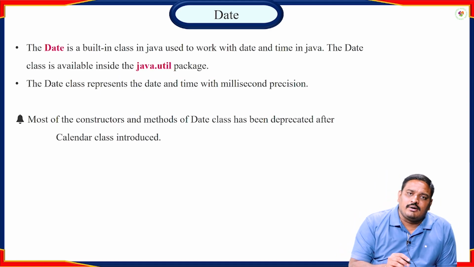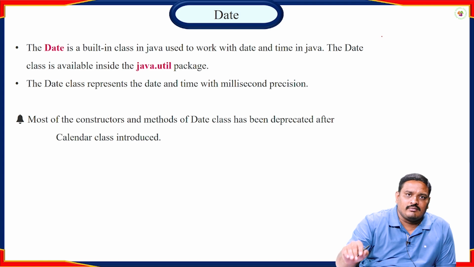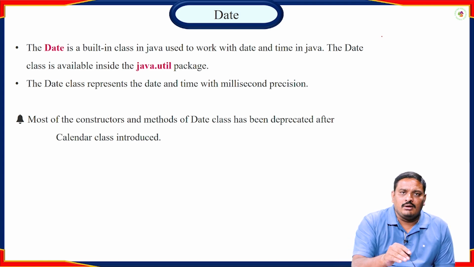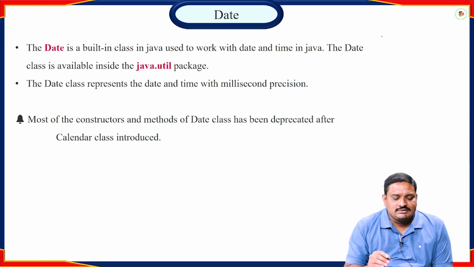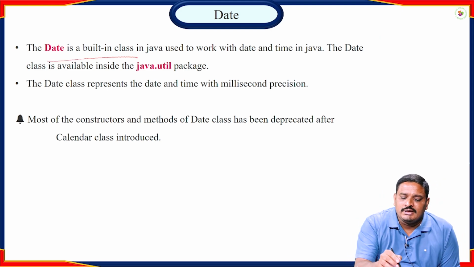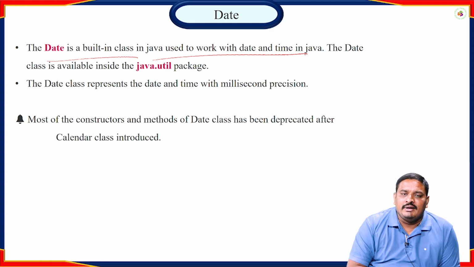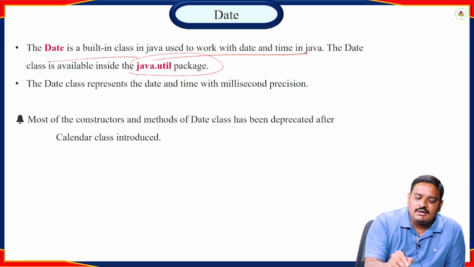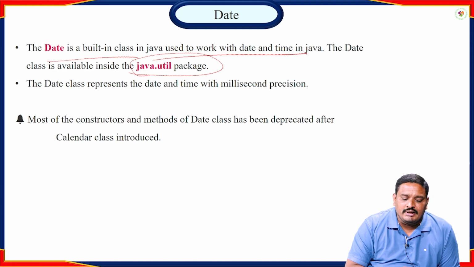The optional topic is the Date class. It is not in our syllabus, but remember this class is under the Java collection classes. The Date is a built-in class used to work with date and time. The Date class is available inside the java.util package.